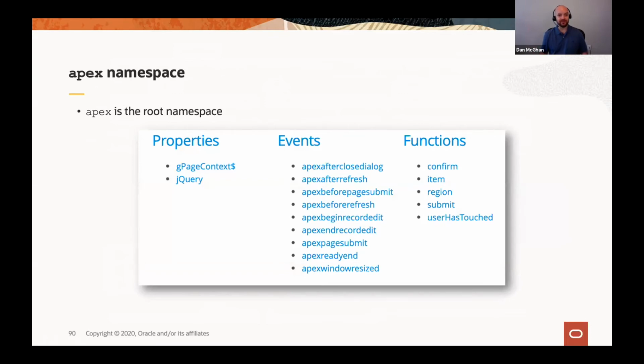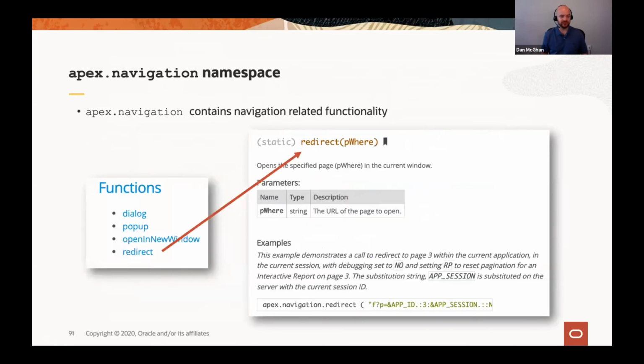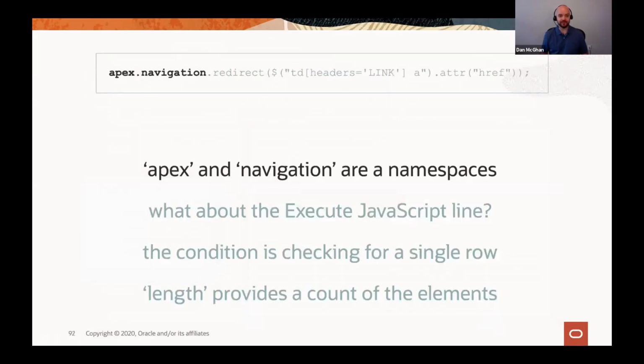Apex is, again, the root namespace, and you can see in the documentation that it's got a number of properties, events that you can work with, and some functions. And you can just learn about other namespaces, such as the navigation namespace. One of the functions it has is a redirect method, and you just tell it where you want to redirect to, pass in a URL, and it will go there. So that's what you're seeing here.